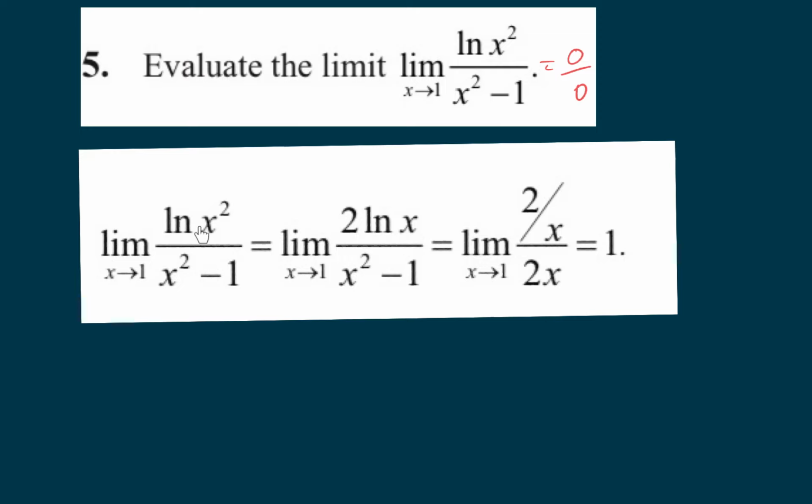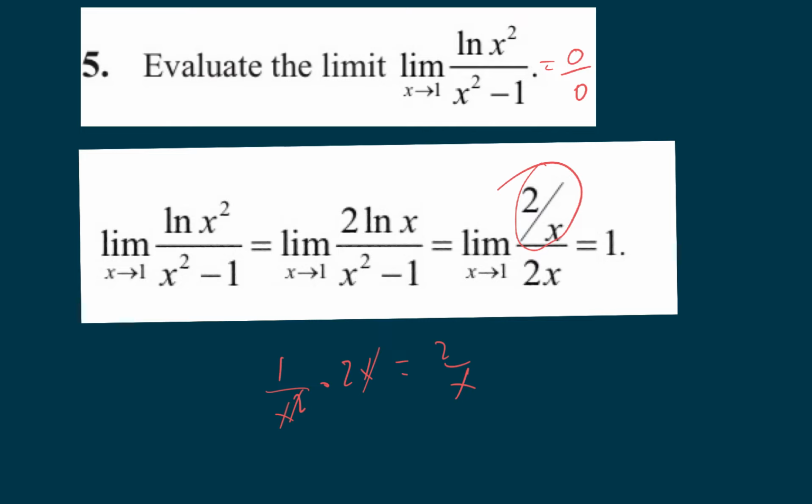Because this is of the form 0 over 0, L'Hopital's rule says make the derivative of the numerator. The derivative of natural log of x squared is 1 divided by the function times the derivative of the function. So it's 2 divided by x. This is the derivative of the numerator.